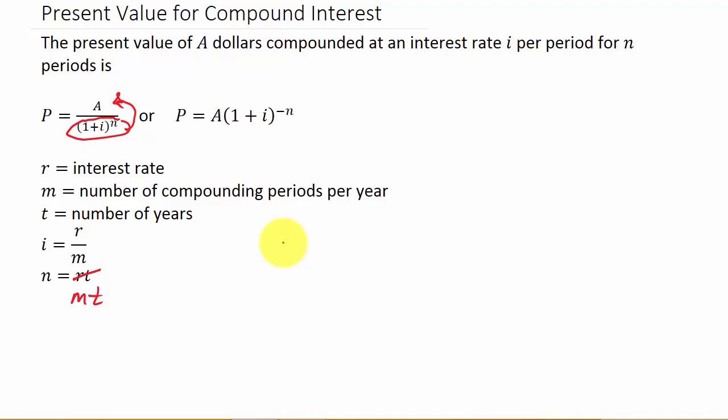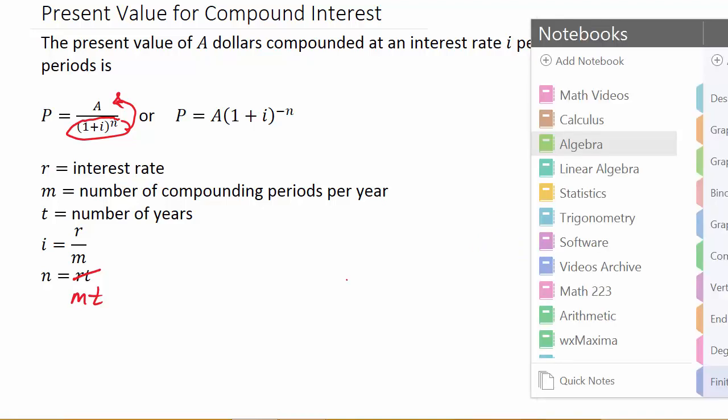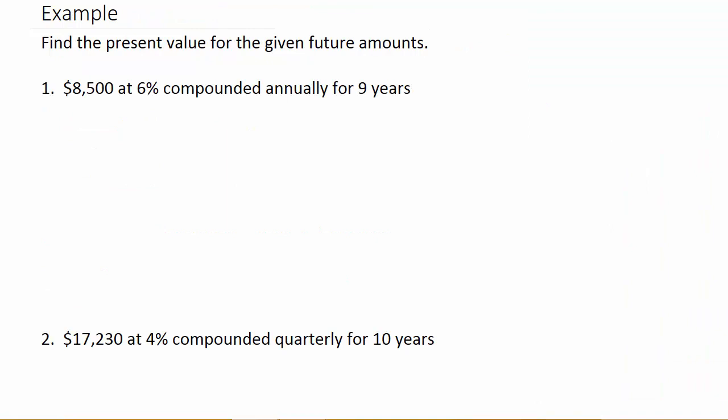So what present value does is it tells you how much you need to deposit today in one lump sum to get $10,000 in 5 years at that interest rate, compounded however it's set up.